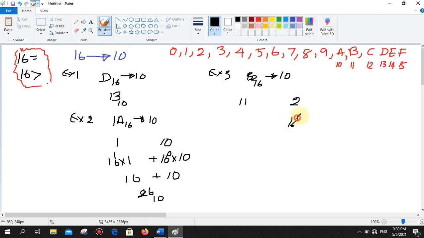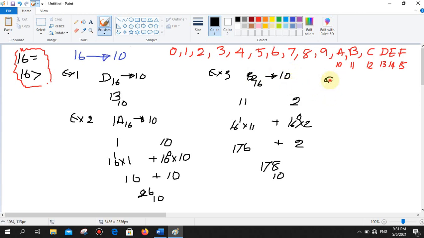Then 16 power of 0 into 2 plus 16 power of 1 into 11. So the value will be 2 plus 176, if you multiply 16 power of 1 by 11. As a final answer you get 178 in base 10. This is the number after you convert this hexadecimal B2.